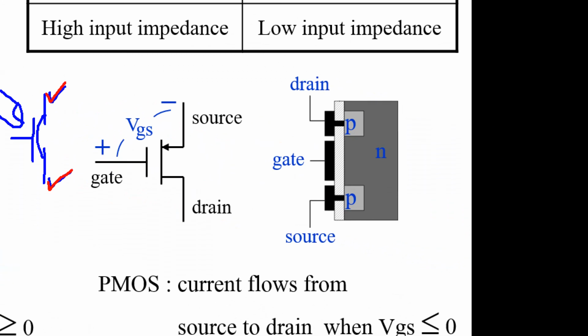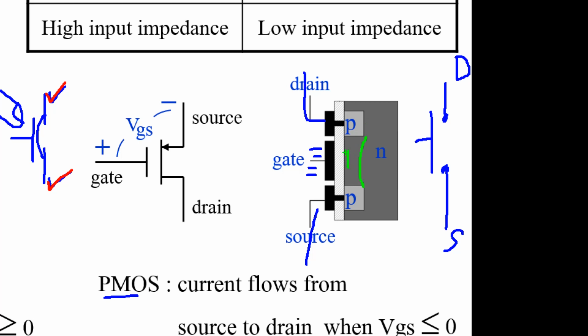By the way, for this kind of transistor, PMOS, if you do nothing, the drain and source will be separated, or there's an open circuit between them. But when you apply negative voltage, it induces a P channel in this area.